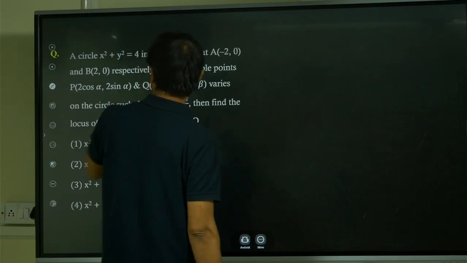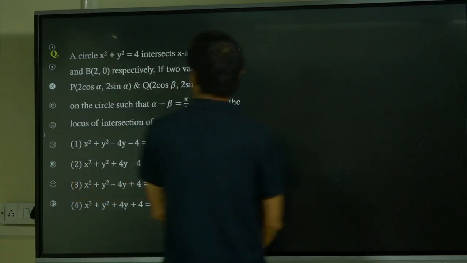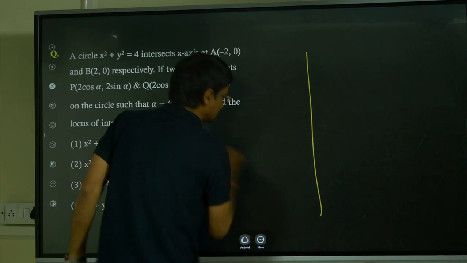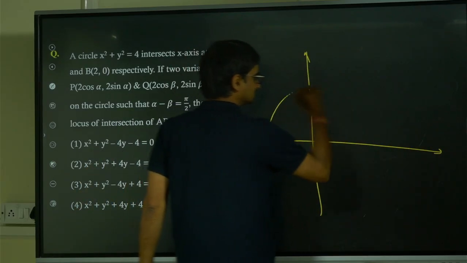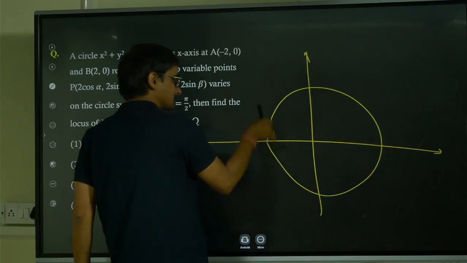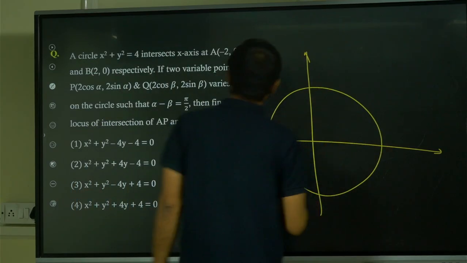Moving to the next one: a circle x square plus y square intersects the x axis at -2 and 0.